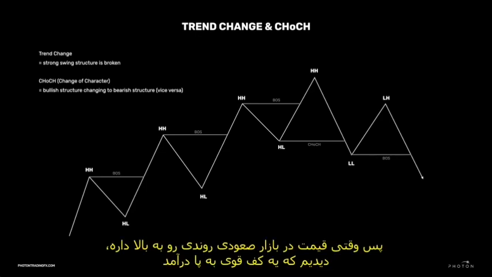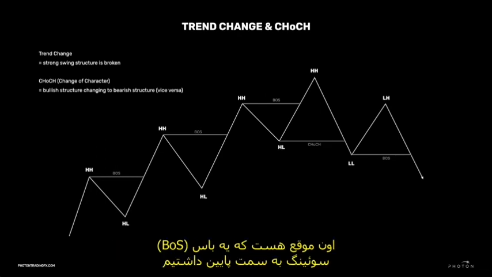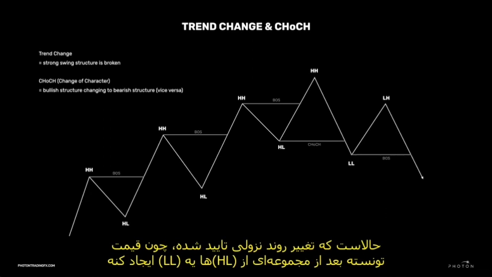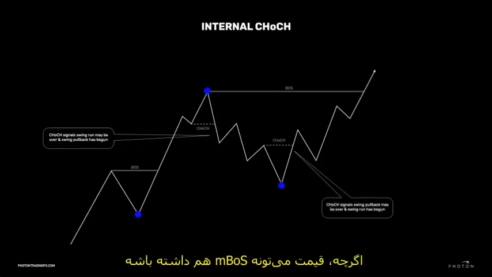If price is trending to the upside in a bullish market, and then we see that a strong swing low gets taken out, so that we see a swing break of structure to the downside, then this first break of structure is defined as a change of character, and we now have a confirmed bearish trend change because price has formed a lower low after a series of higher lows. However, price can also just break minor structure, so an M-BOS, or substructure, so an S-BOS, and this can also be viewed as an internal change of character.